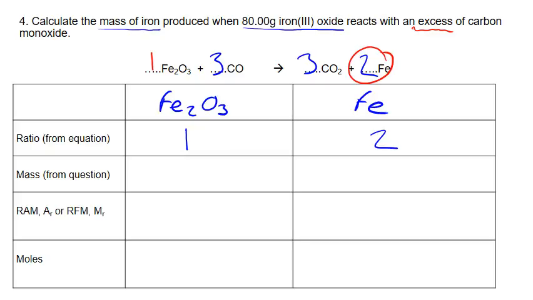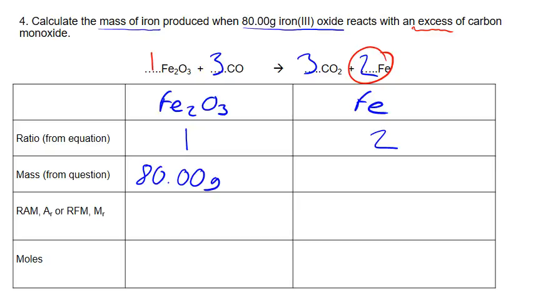So 1 mole of iron 3 oxide, Fe2O3, will produce 2 moles of iron. Let's go through, and as we did before, fill in any masses that we know. So 80 grams of iron oxide, and we're going to use that to calculate the mass of iron produced, so I'm going to leave that as it is.